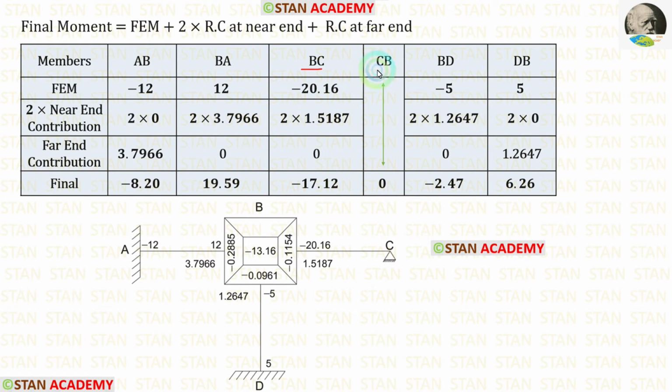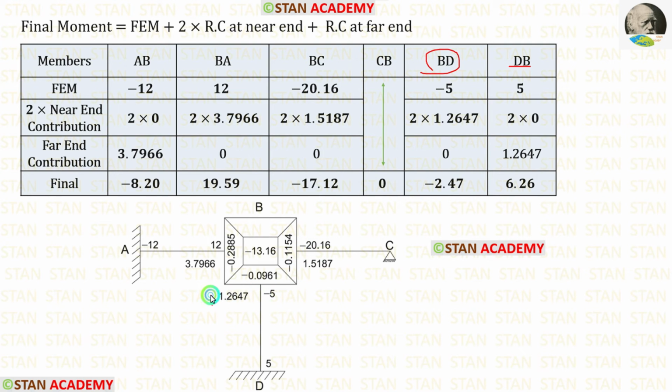For BC, the far end is CB. We know that we have already released CB and made it 0. In this case, the contribution in the point C will be 0. For BD, the far end is DB. In DB, the contribution is 0. For DB, the far end is BD.